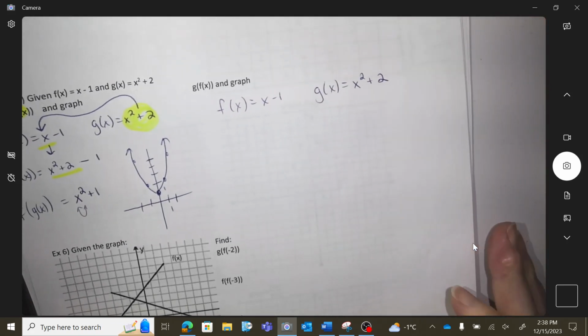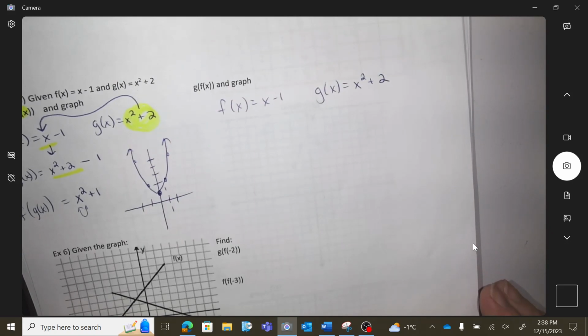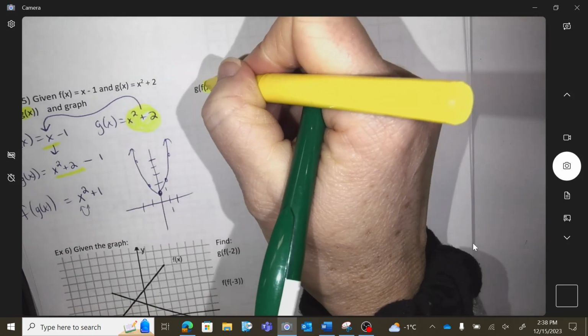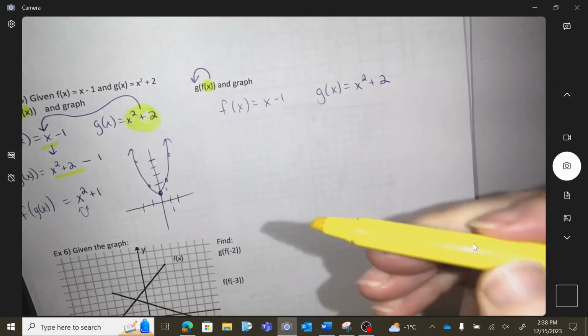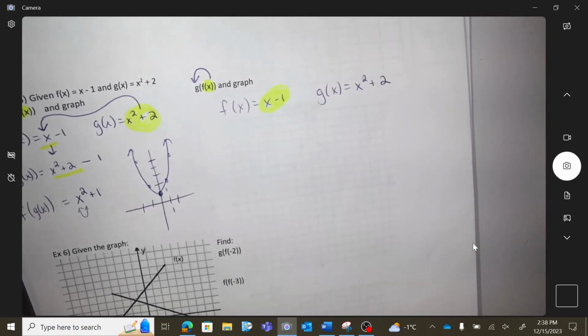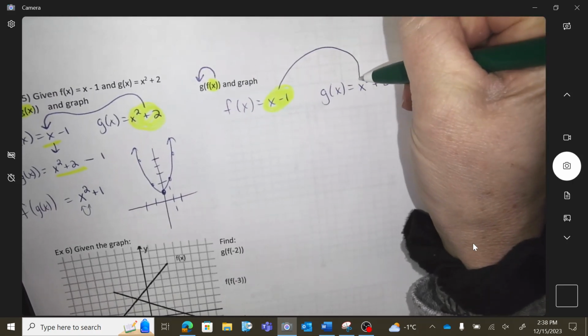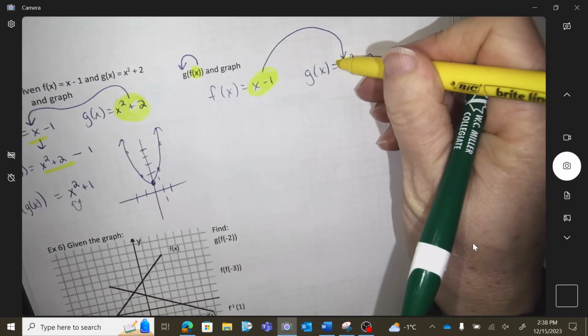Okay, so this one, what's the input and what are you putting it into? The input and you're putting it into that. So what is the input? What are you putting it into?